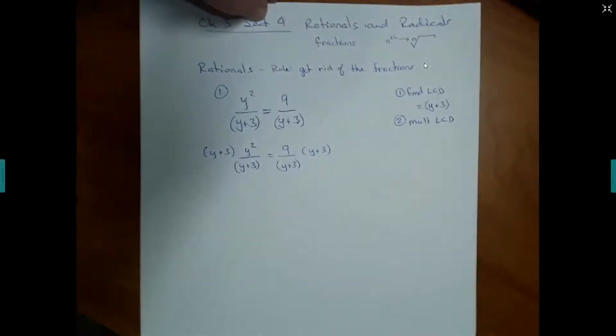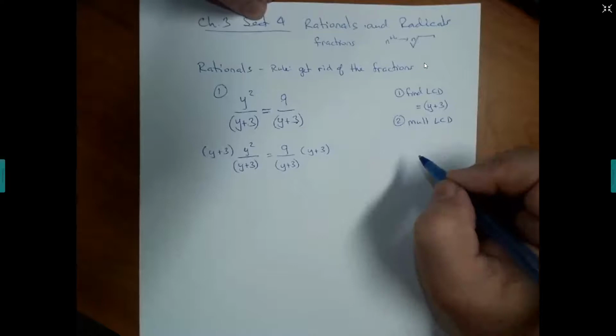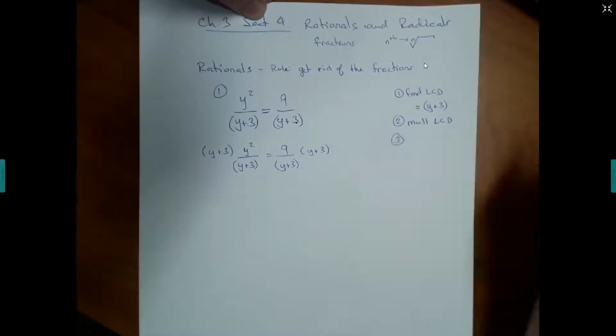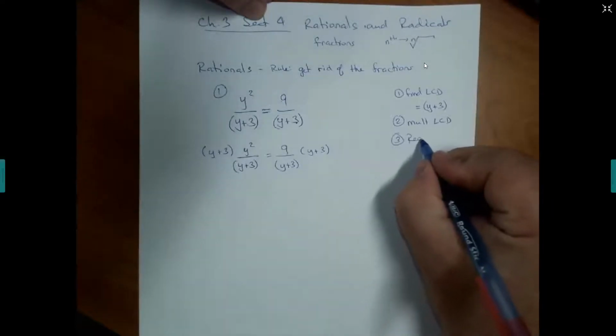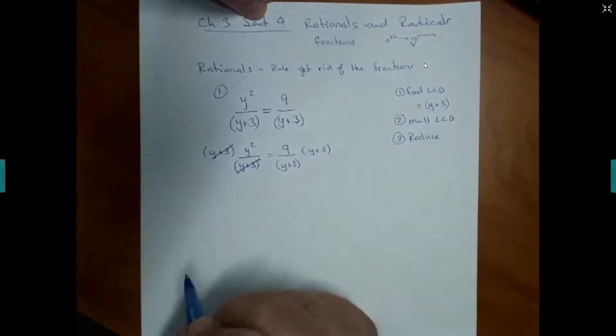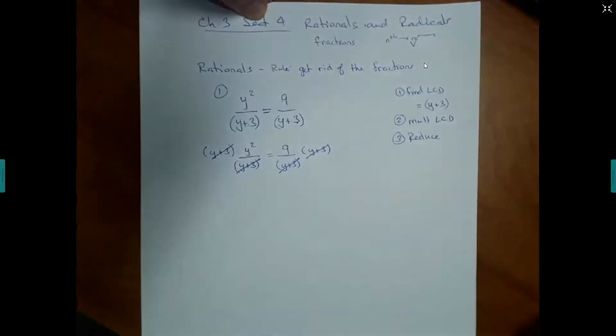Just multiply it to each term. Remember what the third step was? Yeah, reduce, cancel. So the y plus 3 and y plus 3 cancel, y plus 3 and y plus 3.